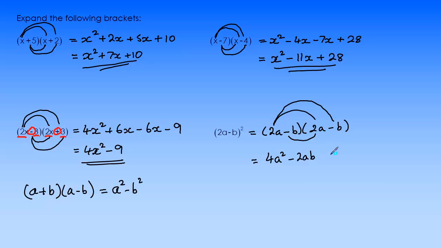Negative b times 2a is minus 2ab. Negative b times negative b is plus b squared. So we have 4a squared. The two middle terms are like terms. Minus 2 minus 2 gives us minus 4ab's, and then we have the plus b squared on the end.